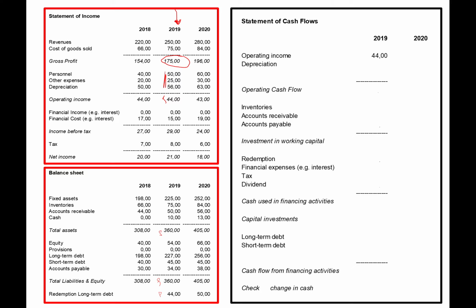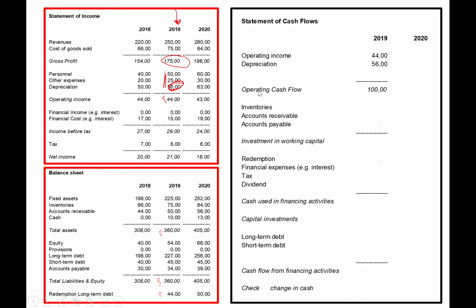So we add back depreciation to find the operating cash flow. Depreciation is 56. If you look in the income statement, you find over here depreciation to be 56. So if we add back 56, we get the operating cash flow of 100.